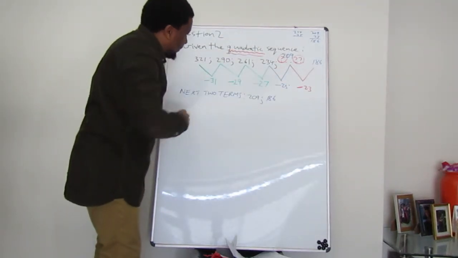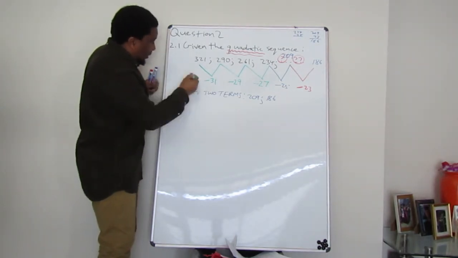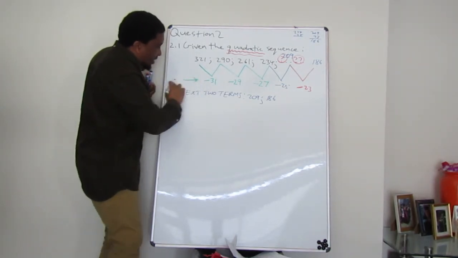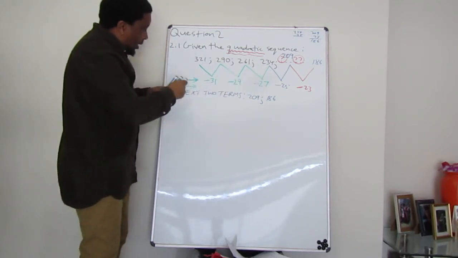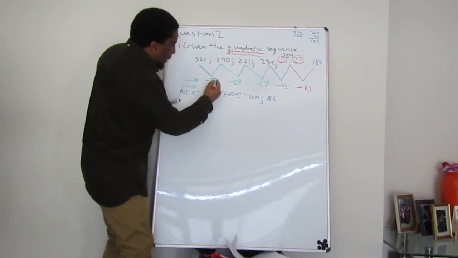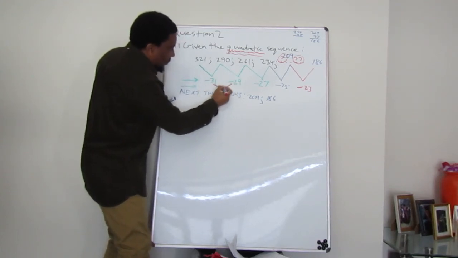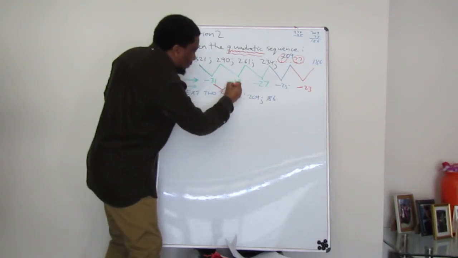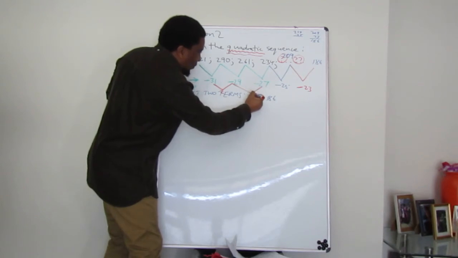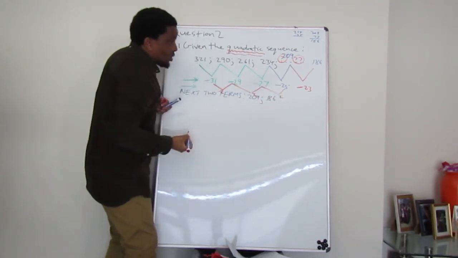Can you see, this here is my first line of difference. If I were to draw a second line of difference, between this term and this term the difference is 2 units.